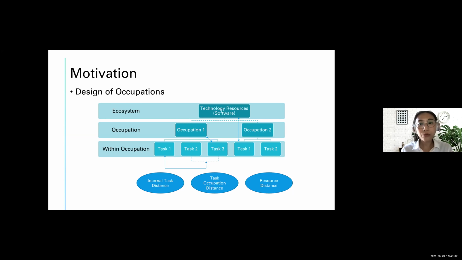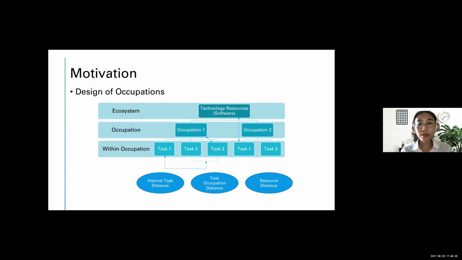We see a parallel between the structural relationship of apps and their platforms and the relationships of occupation, task, and technology. Just like the apps can use the platforms as a resource, tasks can also take advantage of technology resource in the form of software packages.